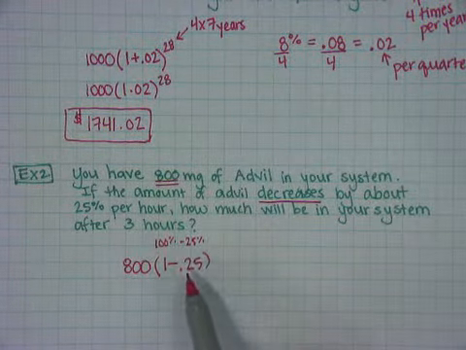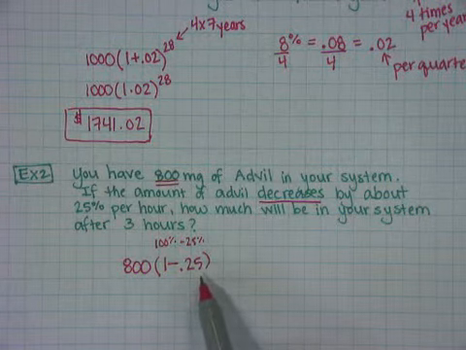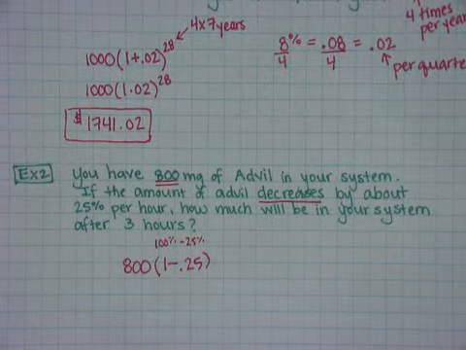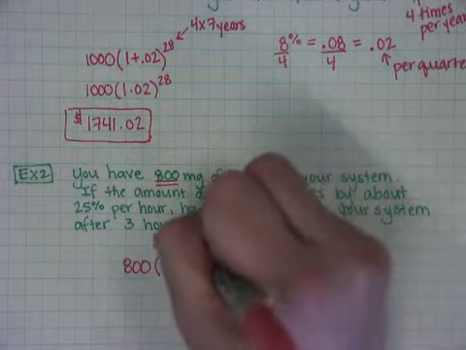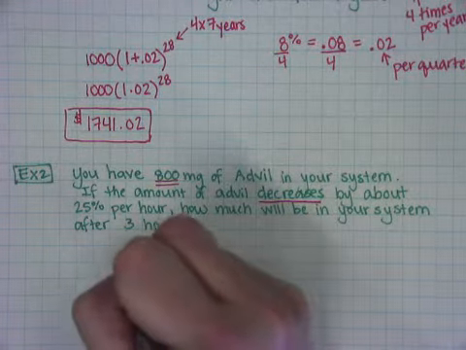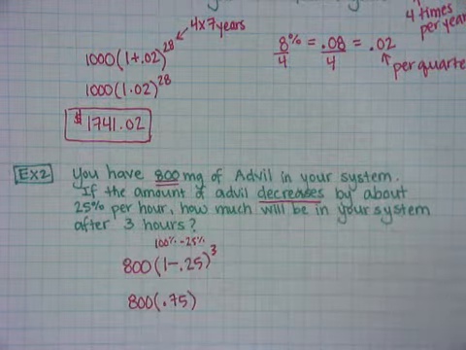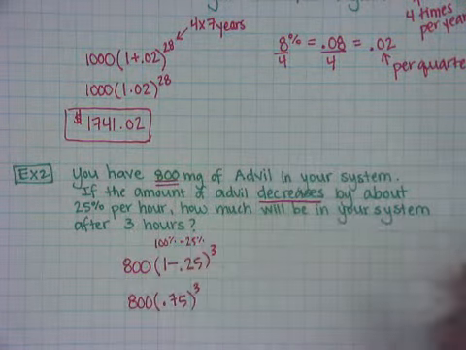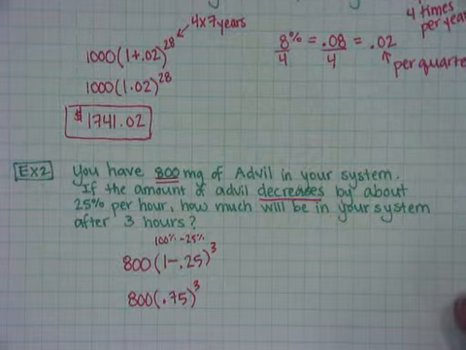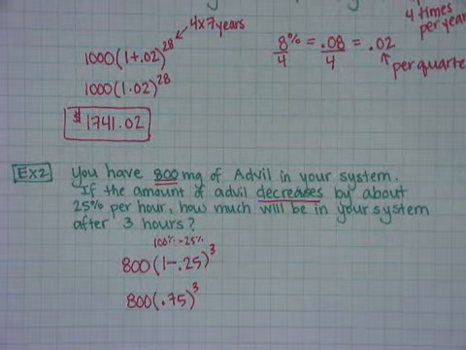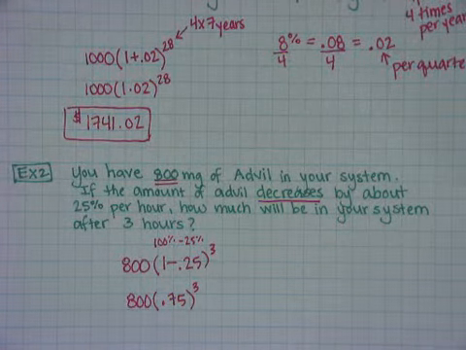And then how many hours is this happening for? 3. For 3 hours, good. So you would take 800 times the 75% that you're keeping to the third power. And you can plug that in all in your calculator, all in one shot, and just hit enter.